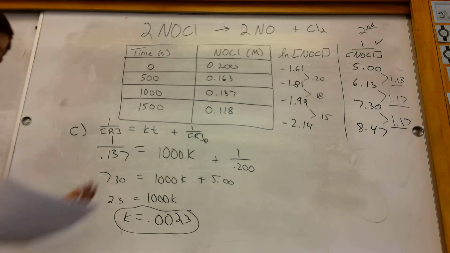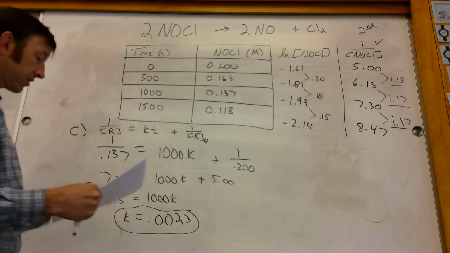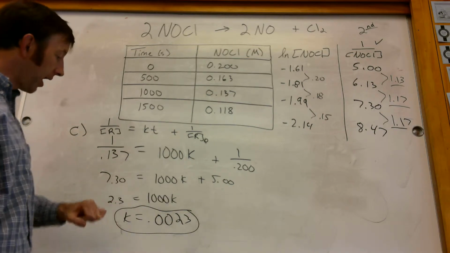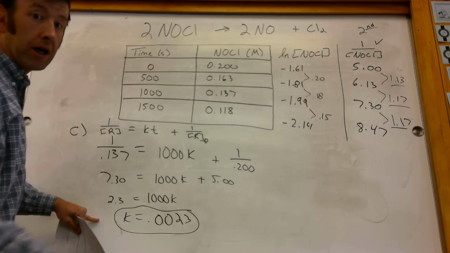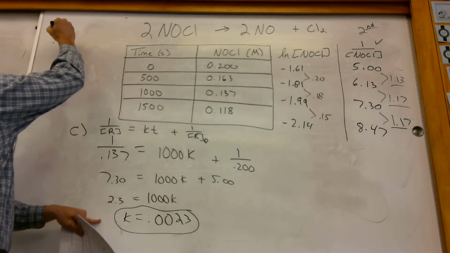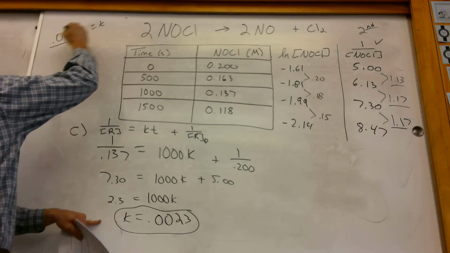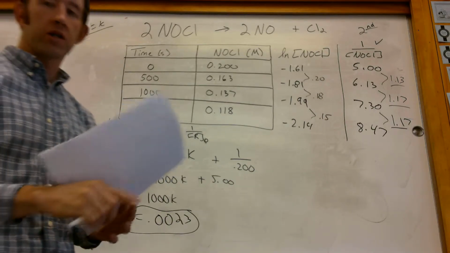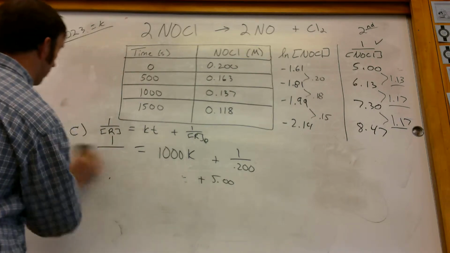All right, and there we have it. 0.0023 is my rate constant. That's my answer for letter C. Now, I'll be using that number again, and you can always bet on that, right? So I'm going to go ahead and write this up here, 0.0023 equals k. So I can come back with that with my other questions, and that way I can erase this as we go.